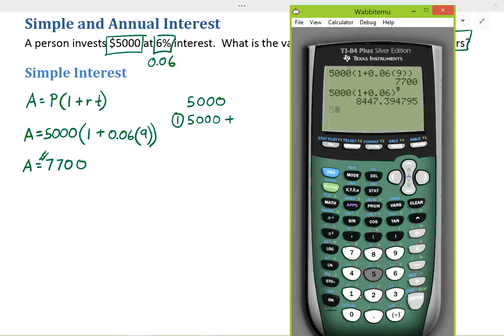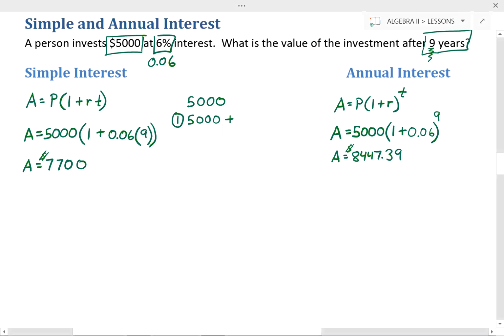Let's figure out what 5,000 times 0.06 is: $300. So at the end of a year, you have your $5,000 plus an additional $300 for a total of $5,300.